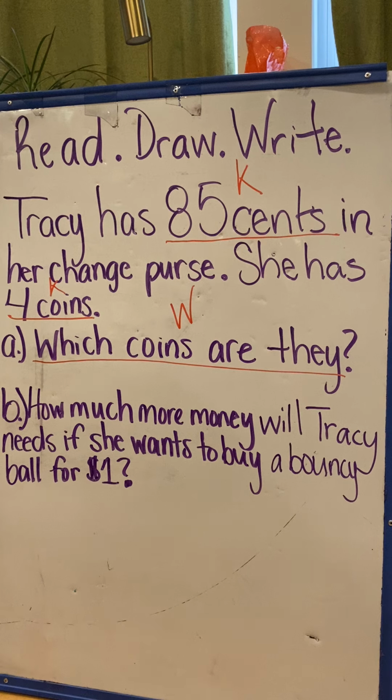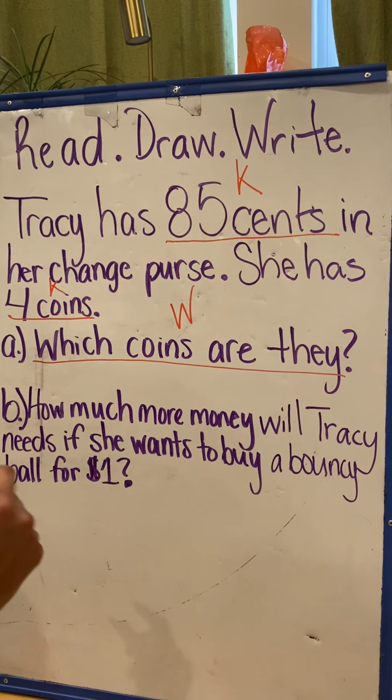So we're going to start off by thinking about the amount, 85 cents. Which coins do you think we should start working with? Yes, quarters. We should work with quarters because quarters hold the highest value.